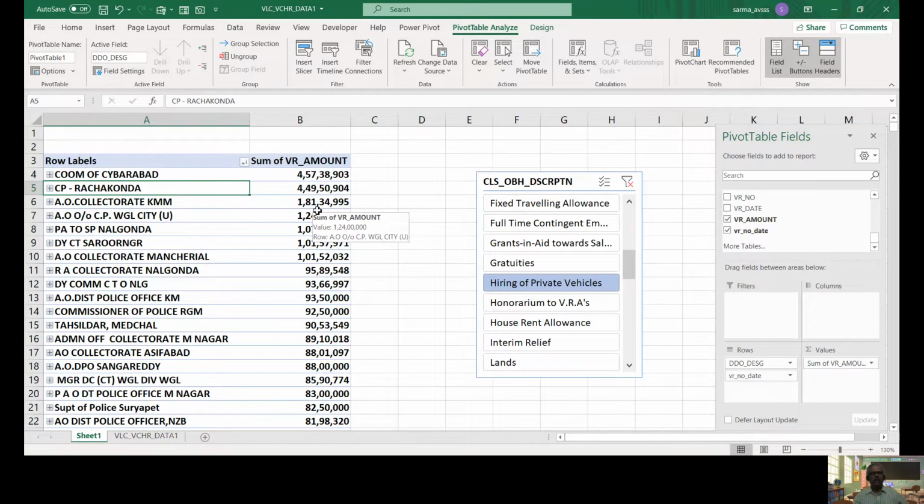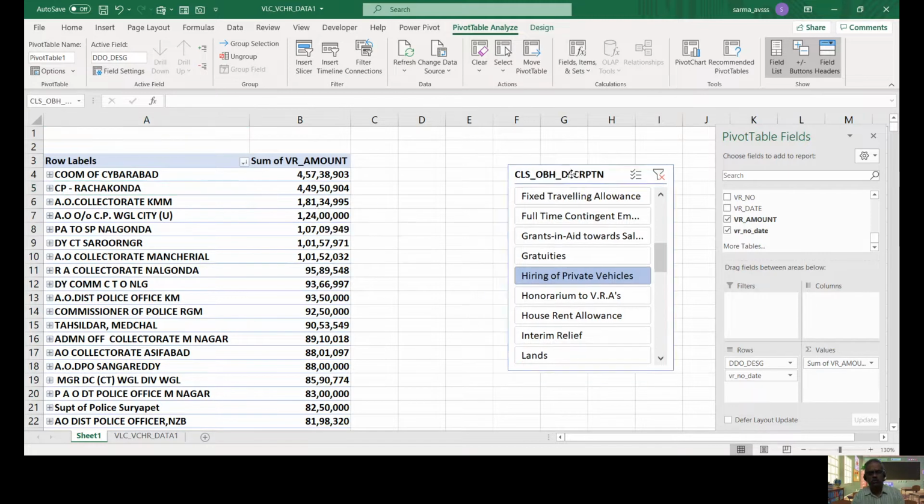There is a government order issued by the Telangana government that because the government is unable to provide vehicles to all the eligible officers, it has permitted them to hire a vehicle, and there is a cap on the expenditure: say 33,000 rupees per month they can spend towards hiring of a vehicle.